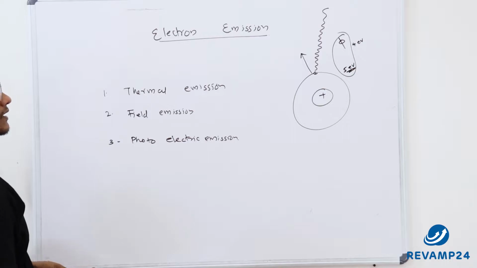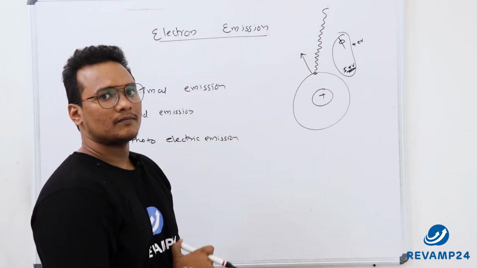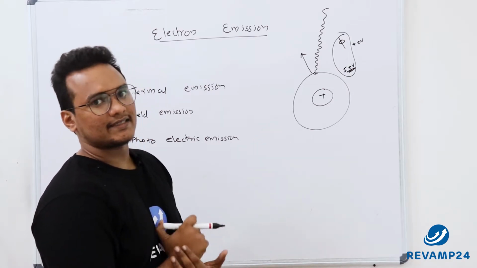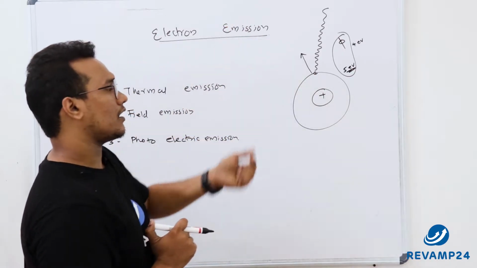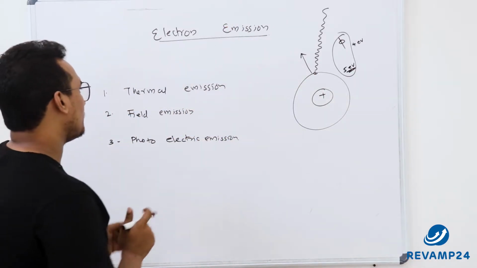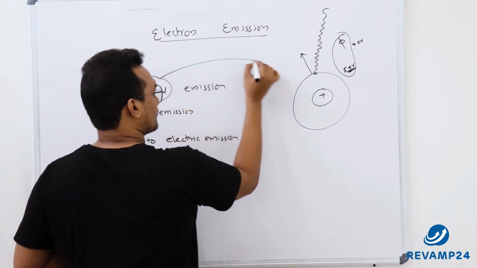This can be done with radiation because radiation carries energy, and this process of taking an electron out of a metallic surface can also be done with thermal emission, with thermal energy.